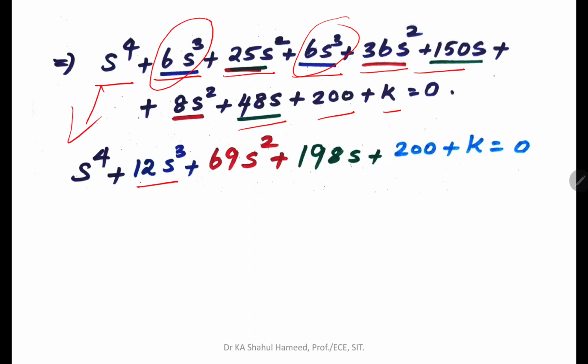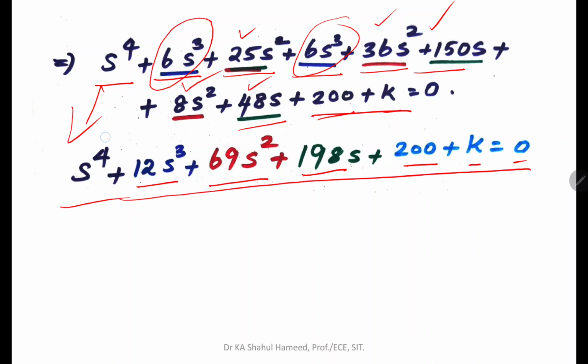The first term is s power 4 plus 12s cube, and then s square: 25s square, 36s square and 8s square add up to 69s square. The s terms: 150 plus 48 is 198s, plus the remaining 200 plus K equal to 0. So the highest order of the polynomial is power 4, which is even.